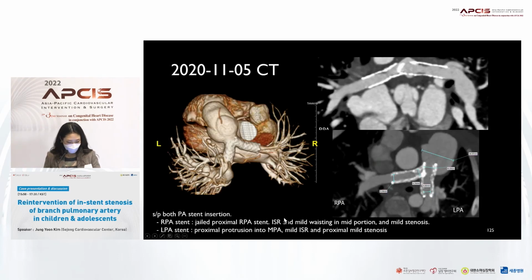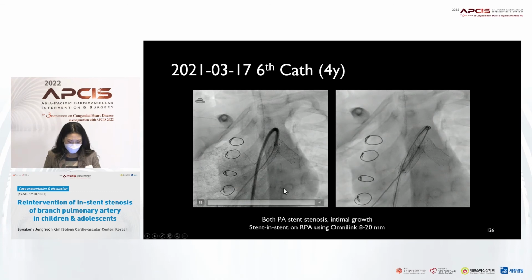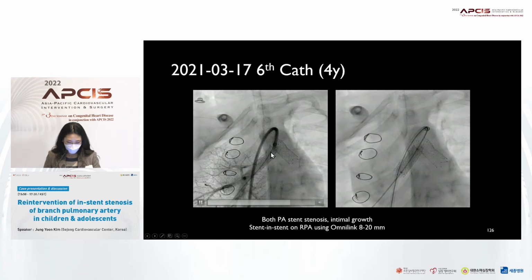The CT scan shows the LPA stent protruding into the MPA with mild ISR, intimal growth, and superior overlapping of the proximal RPA stent. So it crushed and jailed the proximal RPA stent, which caused severe in-stent stenosis. Angiography shows severe in-stent stenosis in both stents, as you can see.